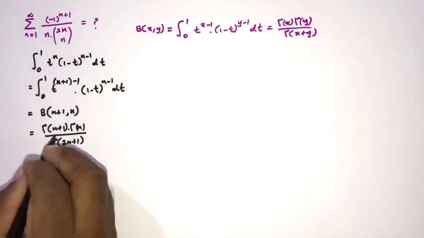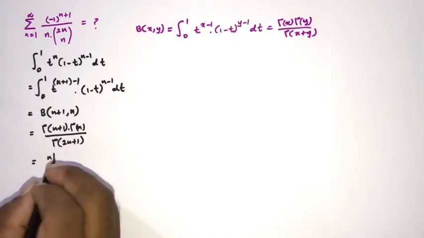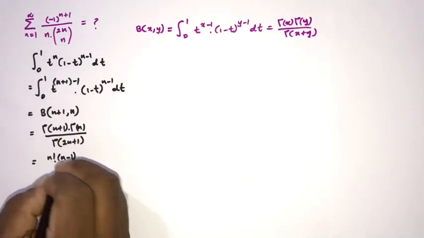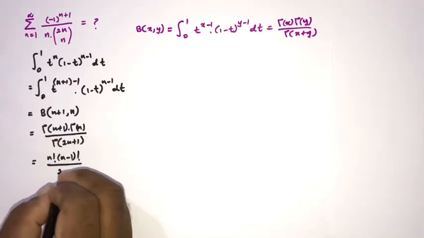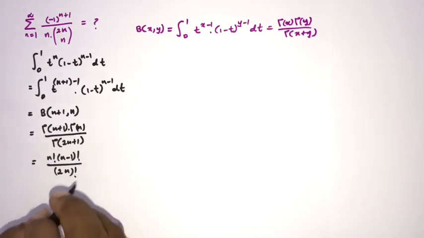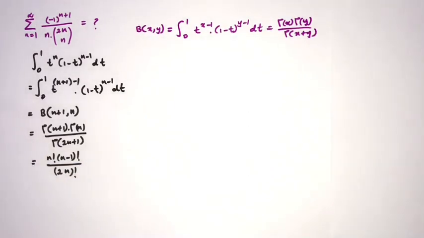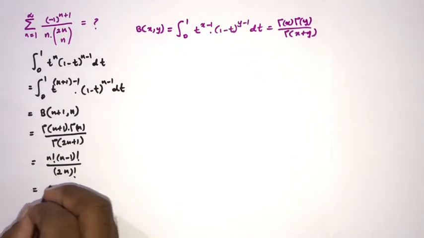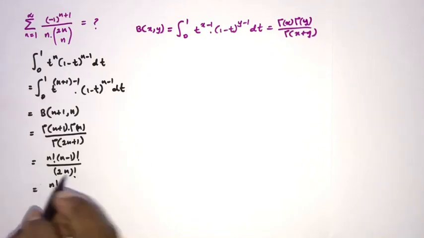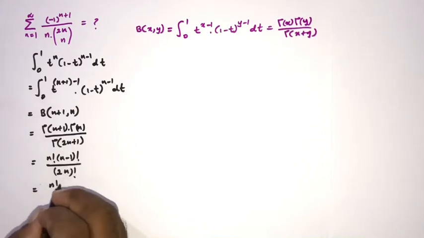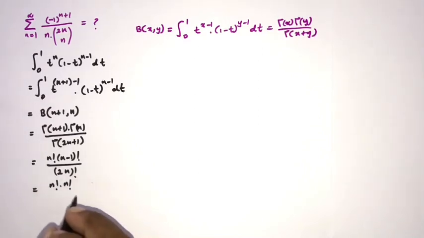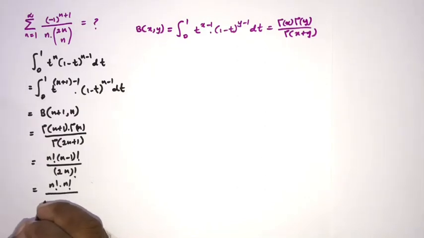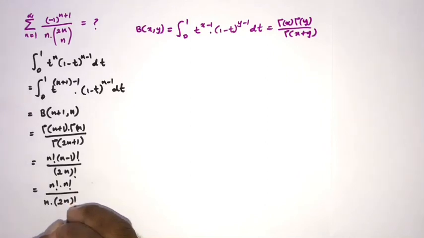Gamma of n plus 1 we know is n factorial, here n minus 1 factorial, over 2n factorial. Now I'm going to multiply both numerator and denominator by n. So here we have n factorial, n times (n minus 1) factorial, which is again n factorial, over n times 2n factorial.